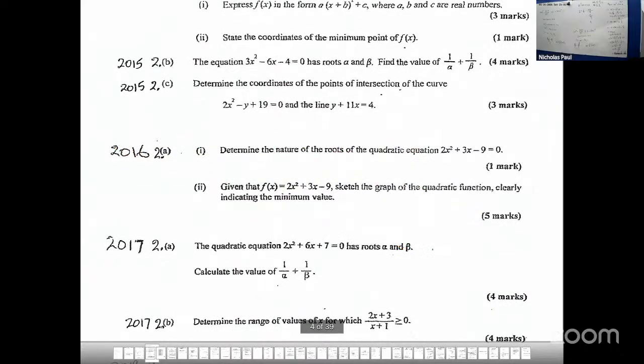Last two, I'll first start by them. Try this and this. Only those two parts. 2015 number 2 and 2016 number 2. Not this.